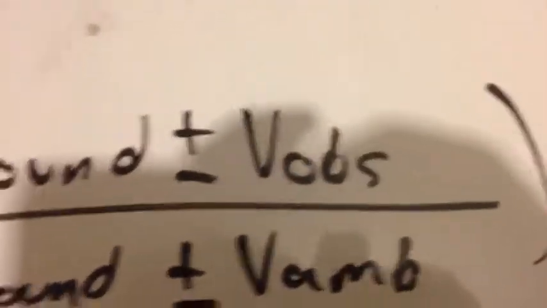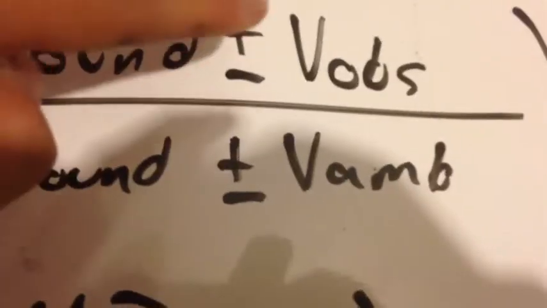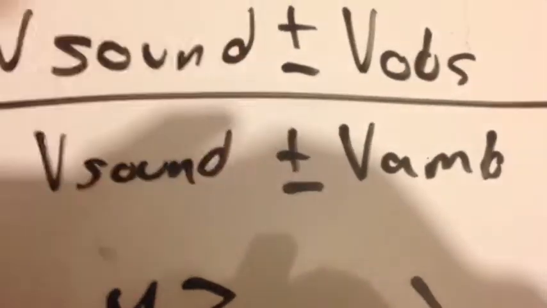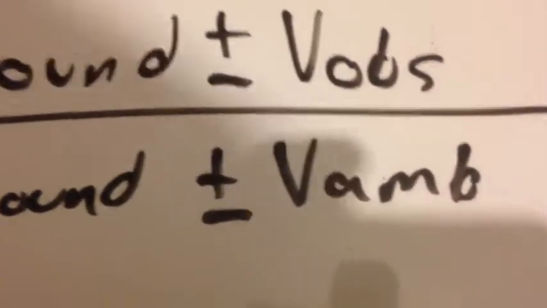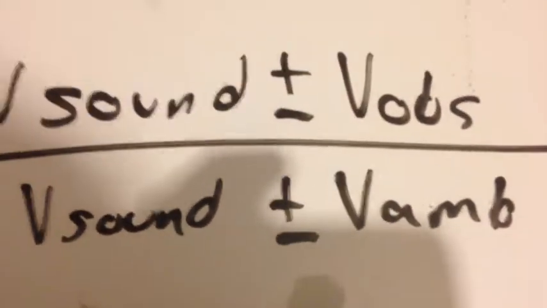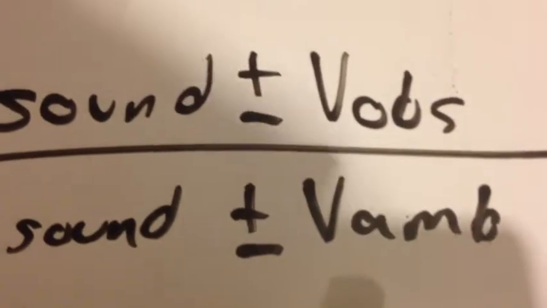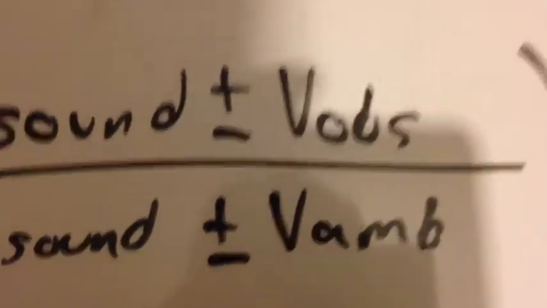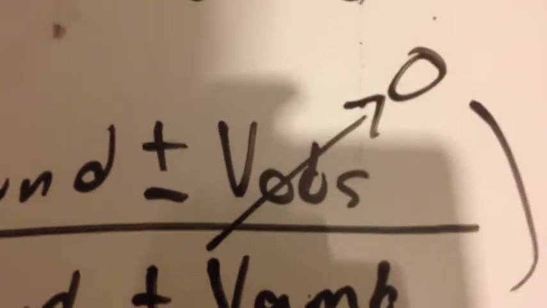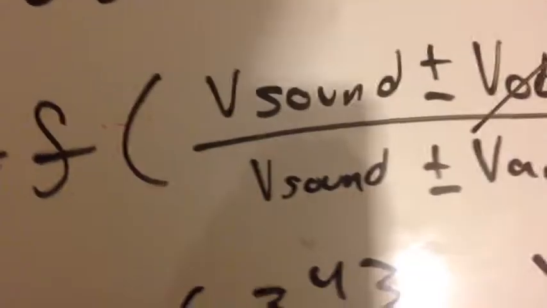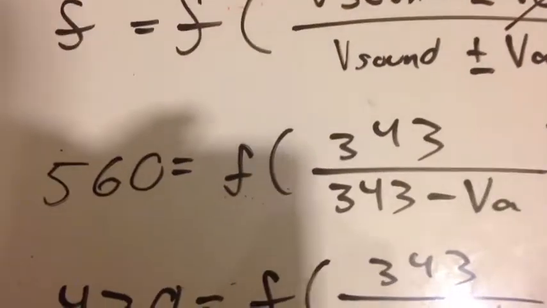The sign is going to change because one time it's approaching towards you, and the second time it's getting away from you. The velocity of the observer equals 0 because he's at rest.